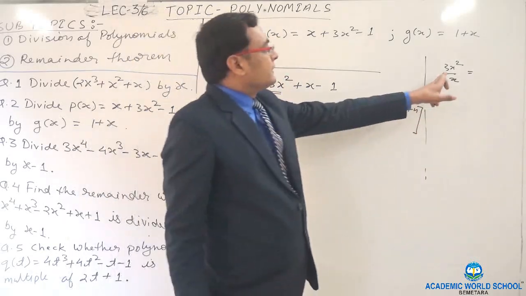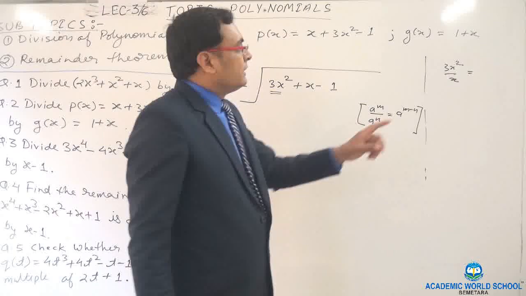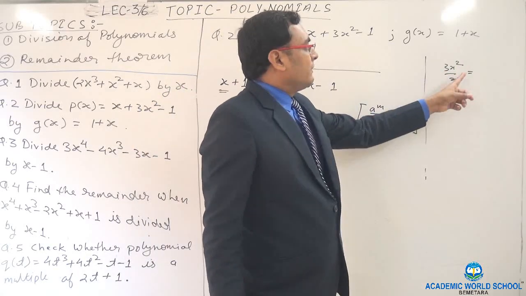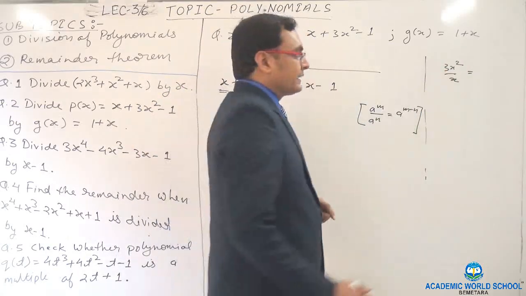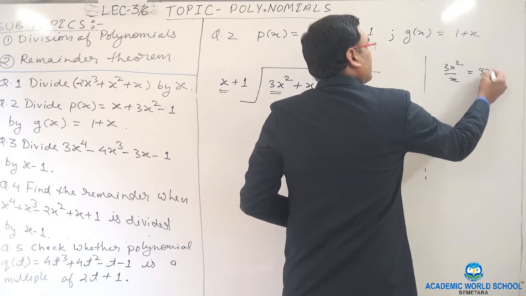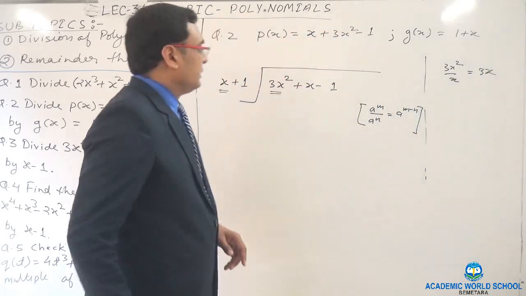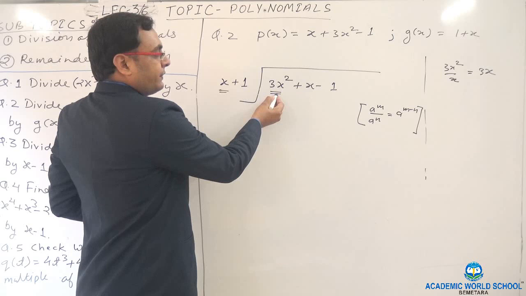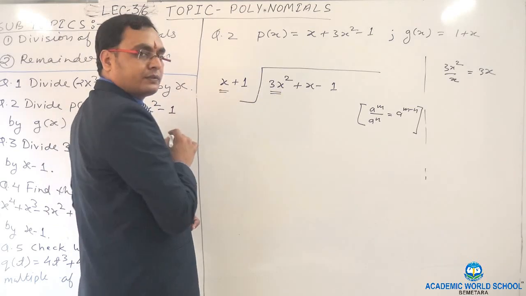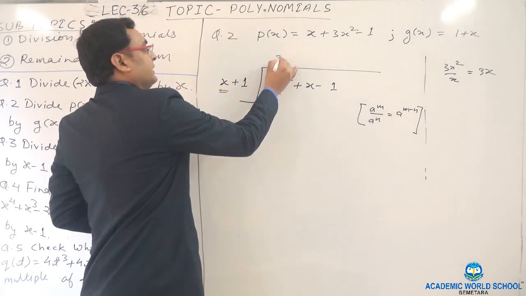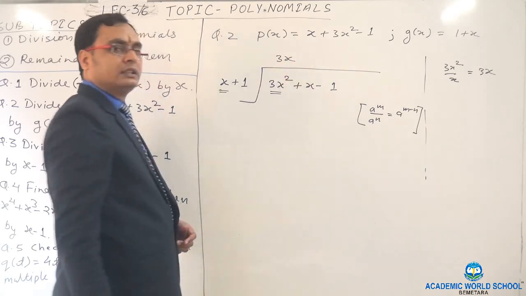So 3x square divided by x, x to the power 2 and x to the power 1, so x to the power 2 minus 1, it will become 3x. So on dividing the first term 3x square by the first term x, we will get 3x here.